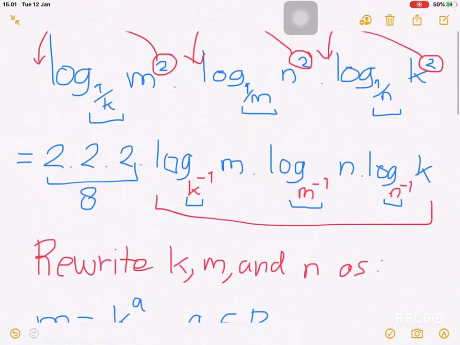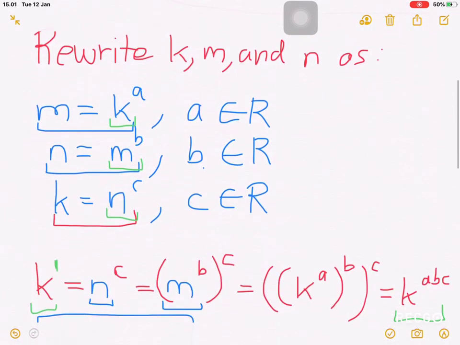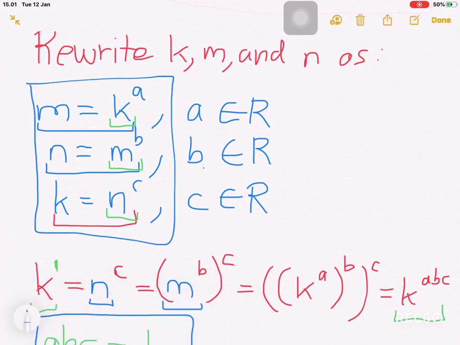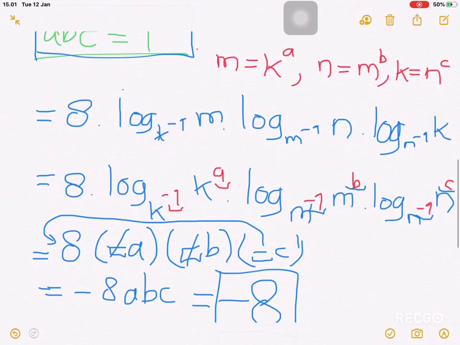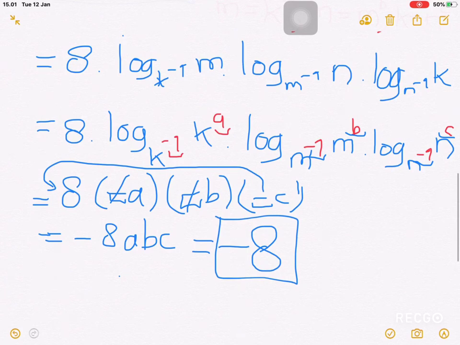This is a pretty scary looking logarithmic expression, but you can rewrite it with some substitution tricks, and you can use just one logarithmic property, the power logarithmic rule.